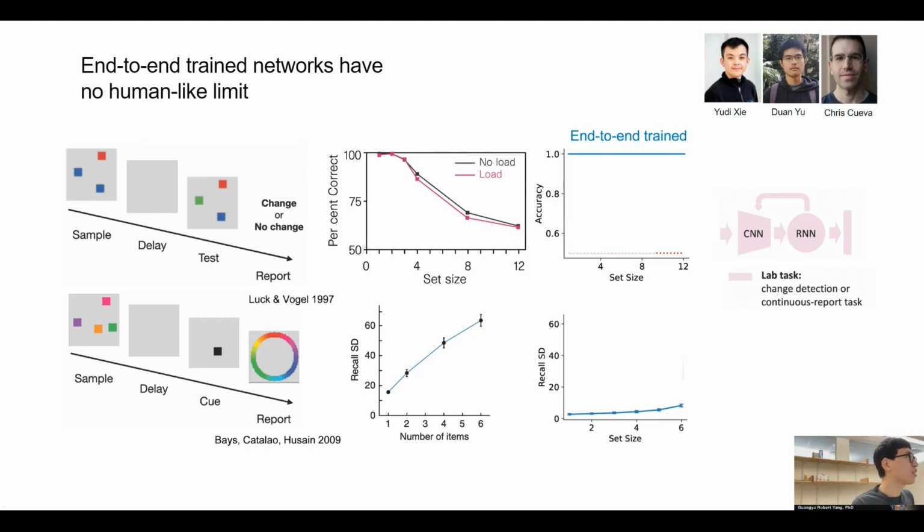Here we're using these so-called rate neural networks, so we don't have spikes, but we can try to mimic the effect of spikes by injecting noise into the neurons. This is just private noise that tries to corrupt the activity of the neurons. We can also try to limit the size of our network, make it smaller, and see if we can constrain the capacity that way.